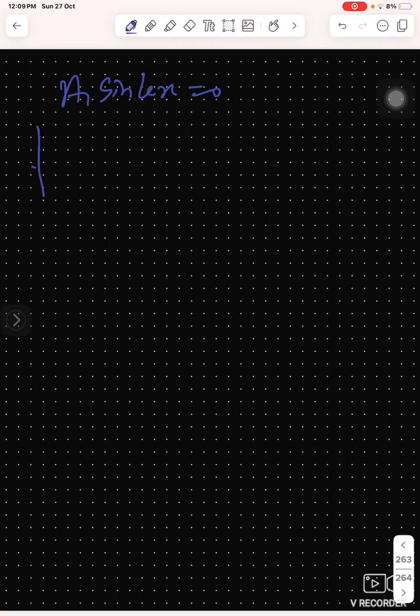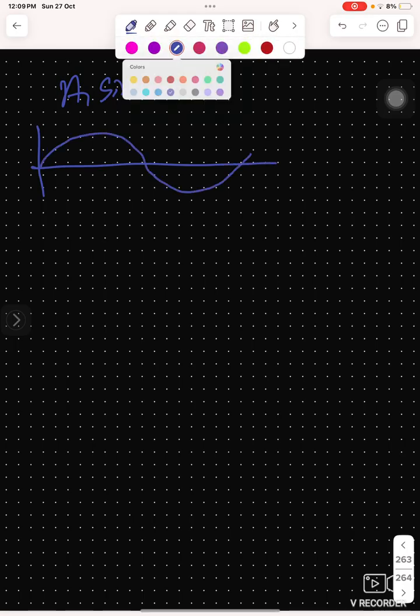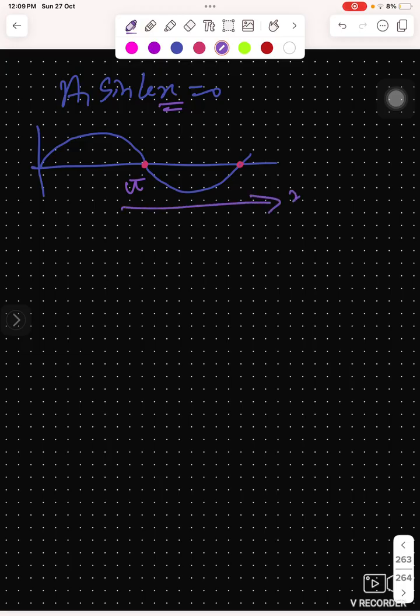So again, coming back to the graph, you will notice that at every 0, what's the value of x? Right, pi. So we can say, sorry, not kx.